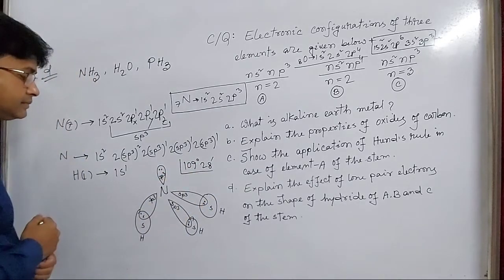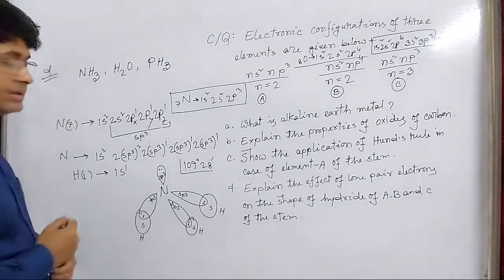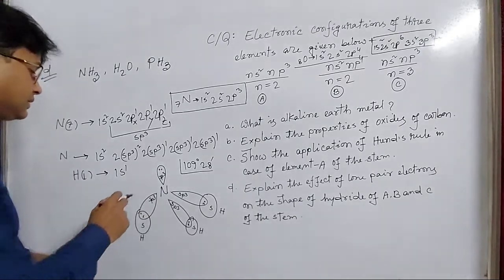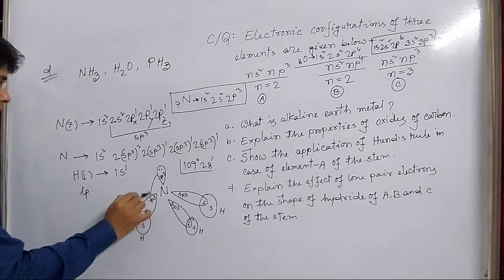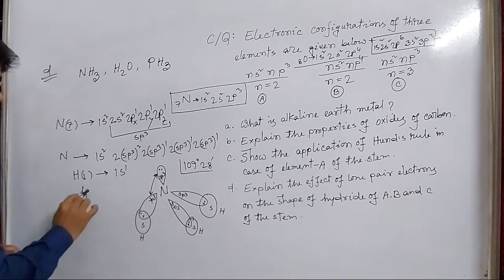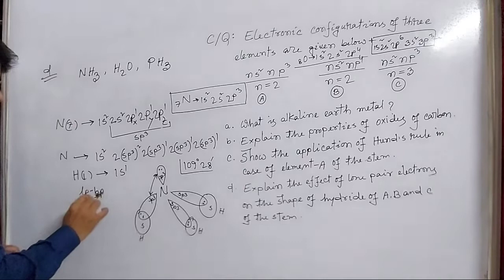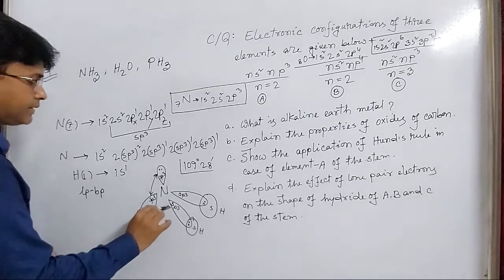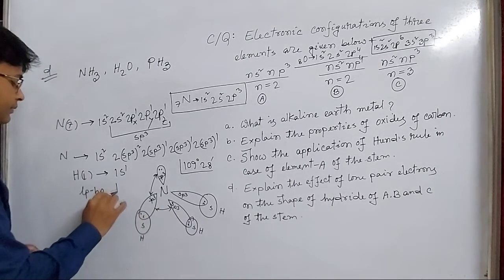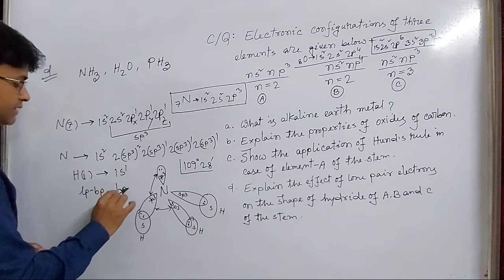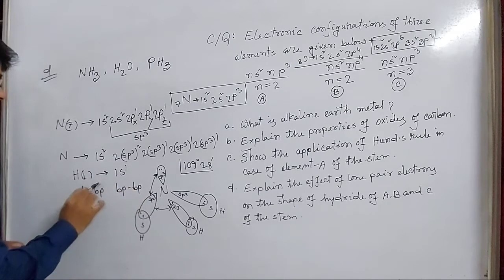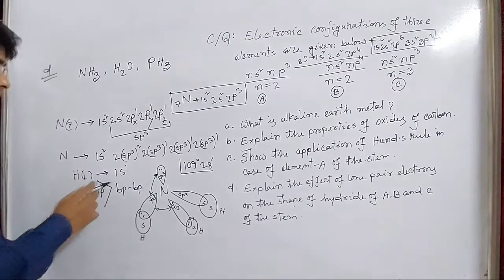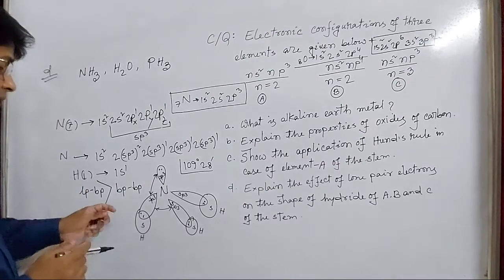But in this case, there is a lone pair of electrons. That's why lone pair bond pair repulsion and bond pair repulsion take place here, and in this case the lone pair bond pair repulsion is greater than the bond pair repulsion.